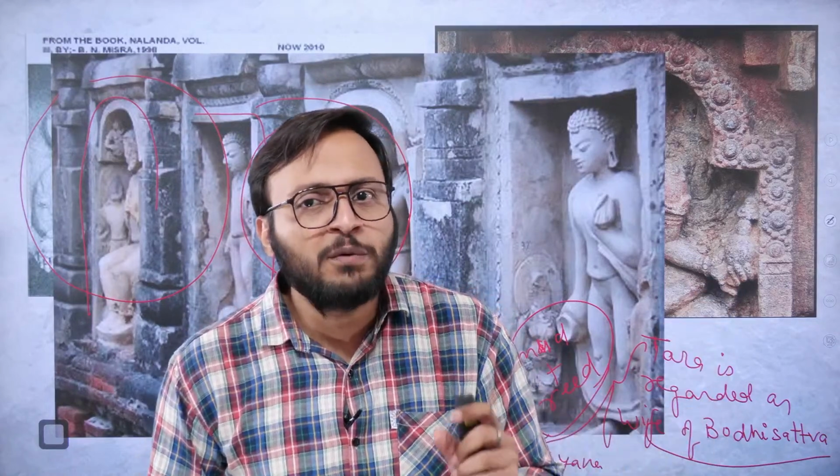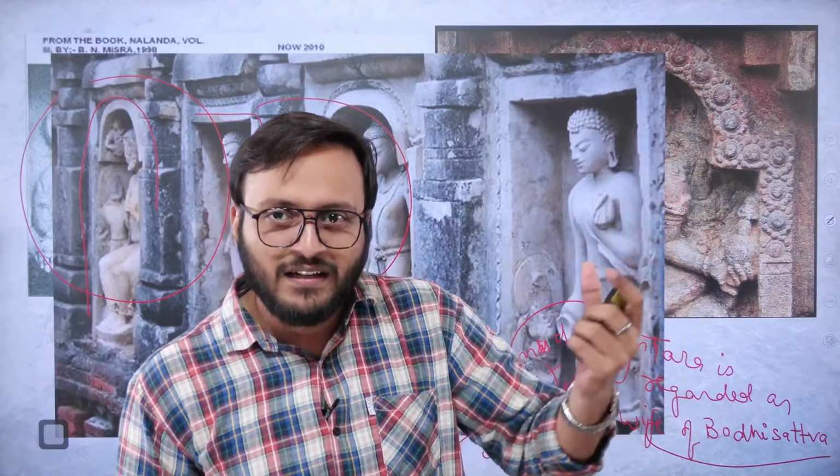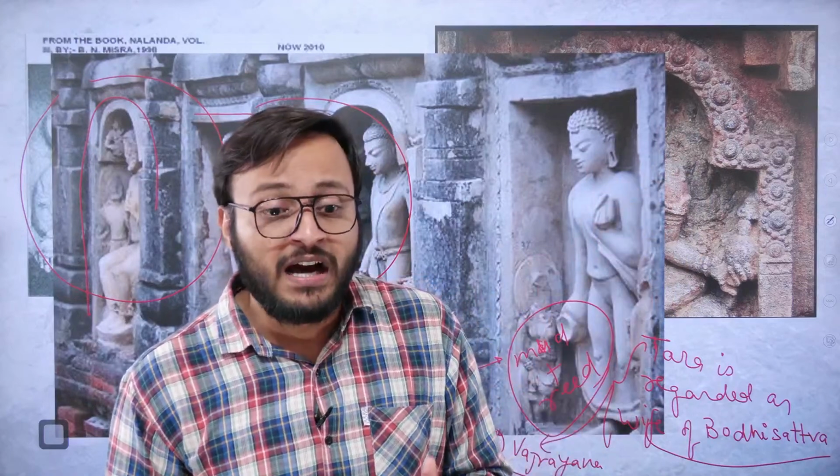The females were not a very common part of the Buddhist sculpture art initially, but later on they started depicting the female figurines much more often than before, and this is indicative of the decline in the cultural serenity of Buddhism, which will lead to the reduction of its popularity. Look at how beautifully we can conclude just by tracing the curve of development in the sculptural art, we can understand the story of the decline of popularity of a particular religion.